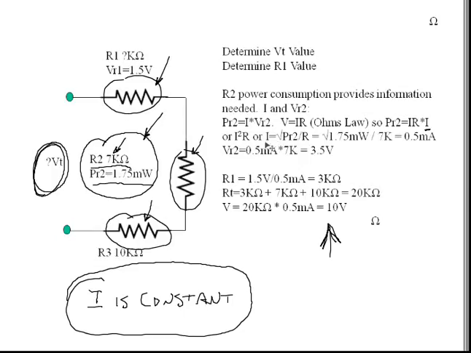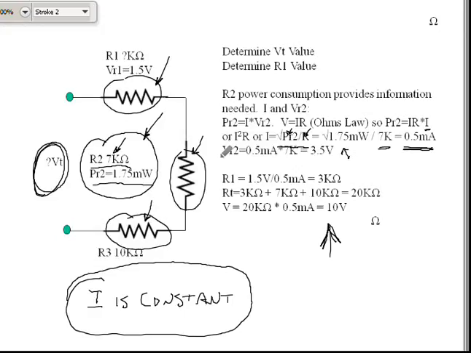So current is equal to the square root of power at R2 over R2. In this case we have 1.75 milliwatts over 7k ohms, and you'll find that I is equal to 0.5 milliamps.